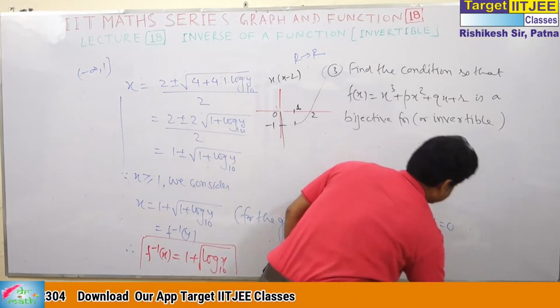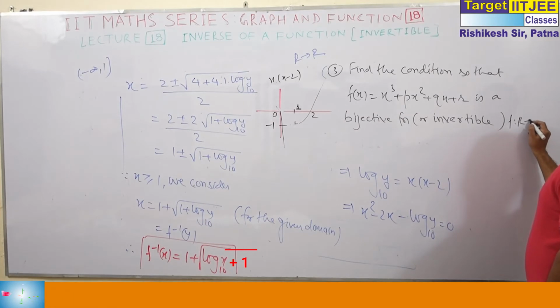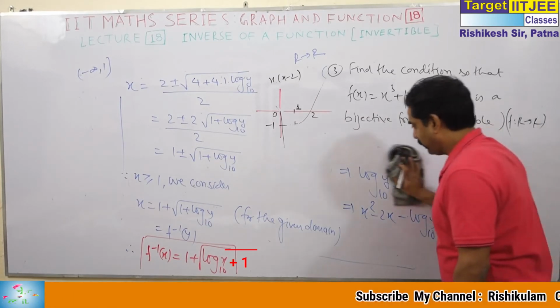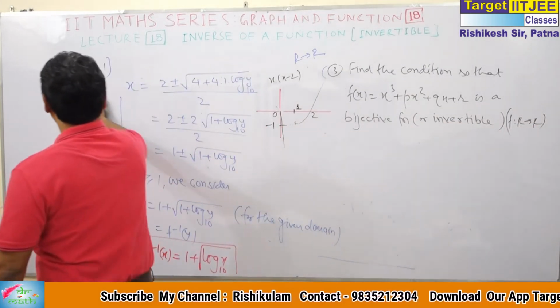Find the condition so that, and where is f? f goes from R to R. If nothing is given, we normally consider the complete domain.